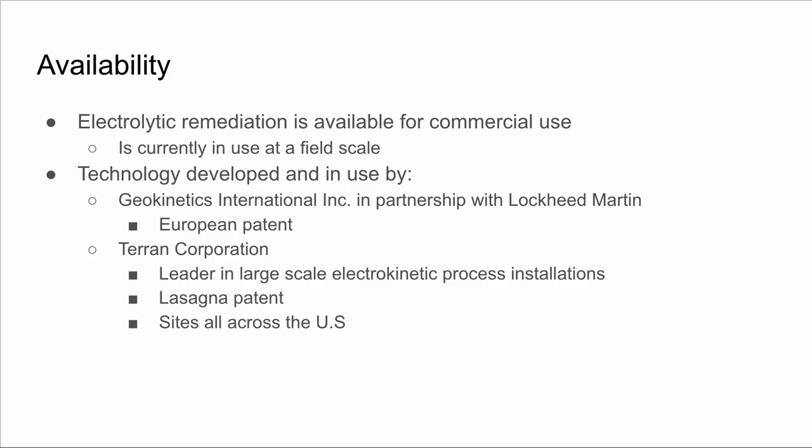It's very cost effective. They estimate it's only $75 per ton of soil treated, which is very competitive compared to the prices that I discussed on the last slide. And they do currently have a contact if you have a site that you would like to implement this technology at. If you call them, they'll install it for you. So that does make it very available in the United States.